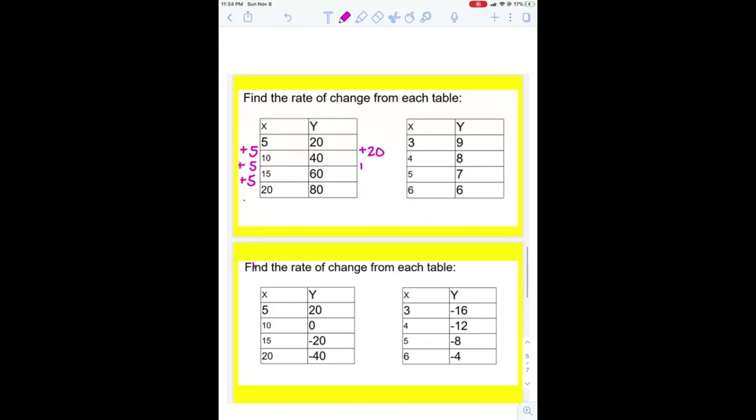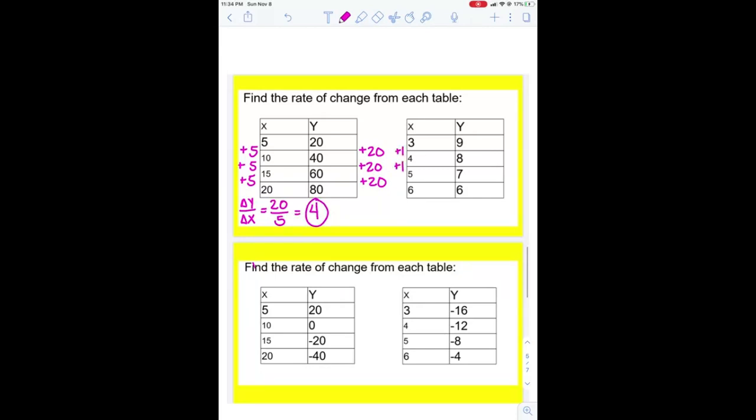And then when I look on the Y side, I see that I'm adding 20 each time. So that change in Y over my change in X is going to be 20 over 5. And they're positive because they were increasing each time. So my rate of change there is going to be a positive 4.